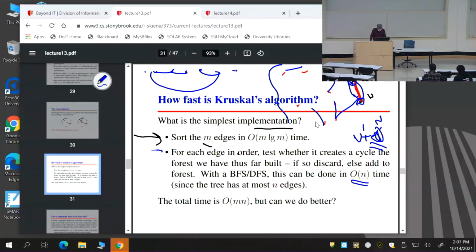For each one of the edges in the graph, of which there are m of them, with the routine implementation, I could, in order n time, find whether or not that edge is going to create a cycle, and if it does create a cycle, I discard it, otherwise I add that edge. Any questions about that? What would be the running time of this part of the algorithm? If we're doing that connectivity test on every possible edge insertion, what is the total running time of this part going to be?